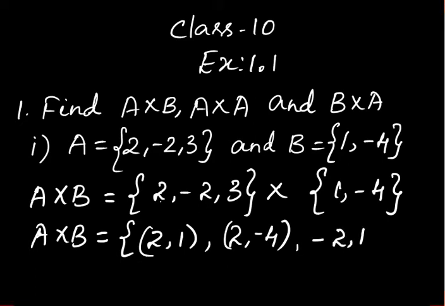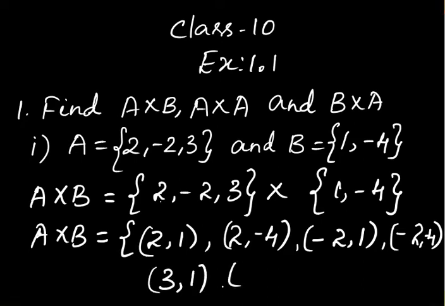Minus 2 comma 1 and minus 2 comma minus 4. Next will be number 3. So 3 comma 1 and 3 comma minus 4. Now count the number of ordered pairs, 1, 2, 3, 4, 5, 6. So now we have found A cross B.